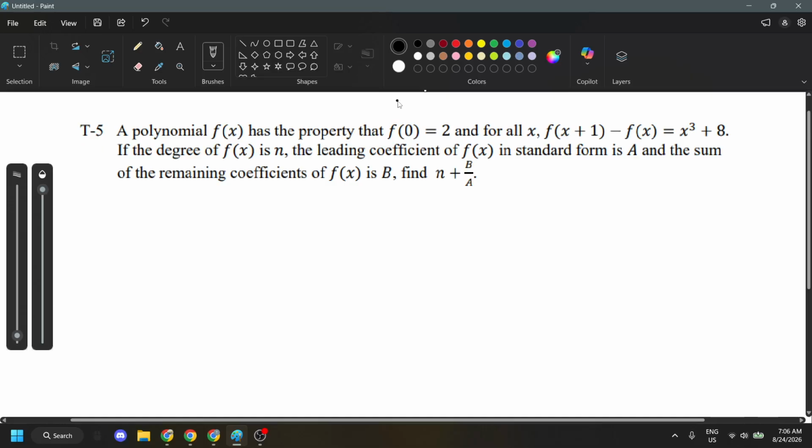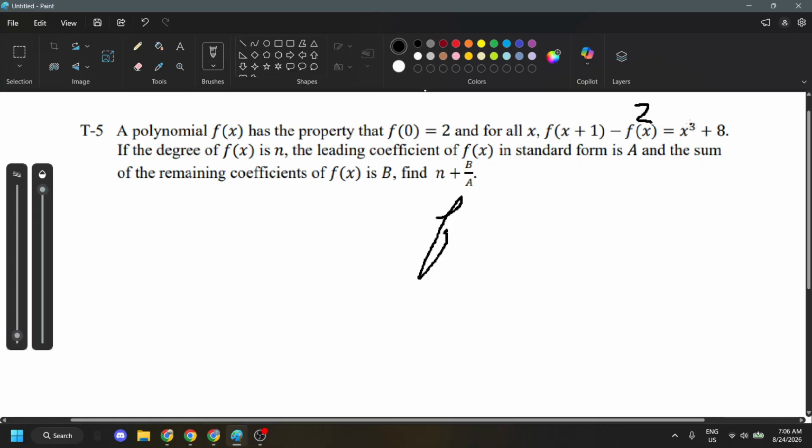Okay, so f of 0 is equal to 2. If I put 0 in for x, I guess we can get a number. If I put f of 0 here, we get 2.